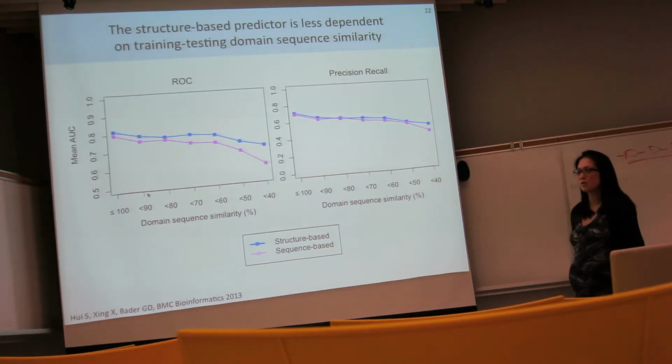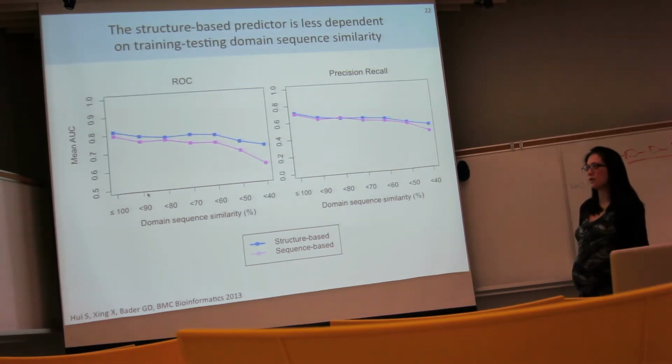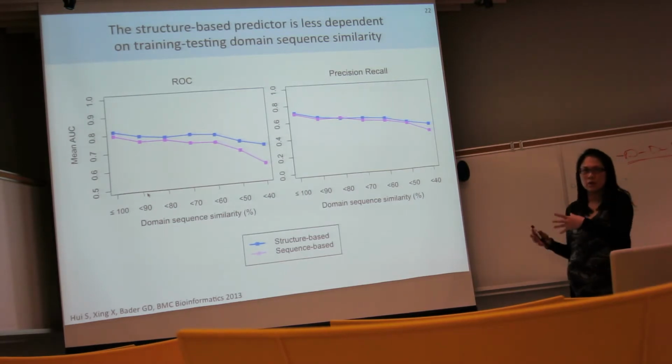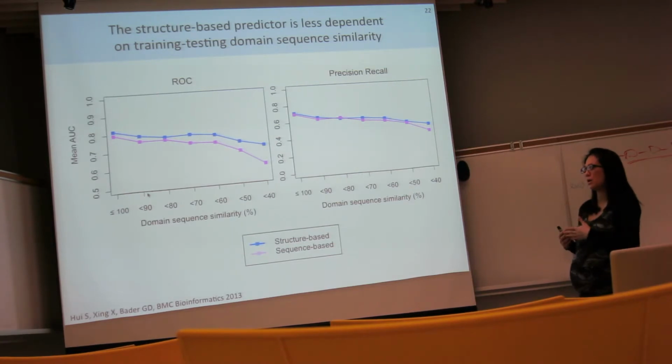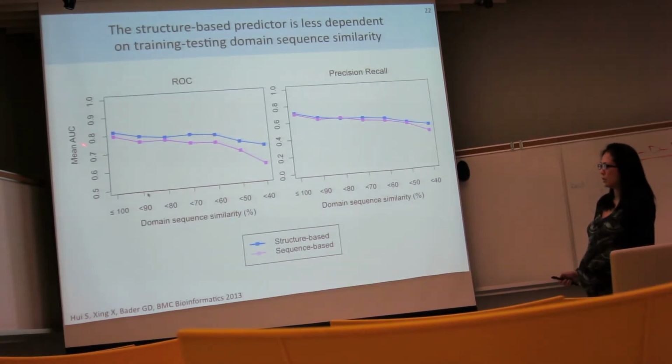We performed a leave-domain-out cross-validation. In this strategy, we pulled out subsets of domains, but for the training set, we only retained domains that are lower than a specified similarity cutoff. The performance measures were grouped based on the cutoffs that we used. Again, for domains that are very similar, the performance is better than for domains that are less similar.